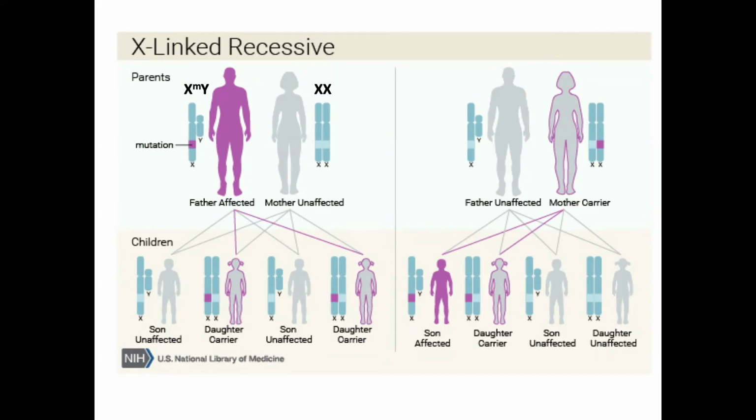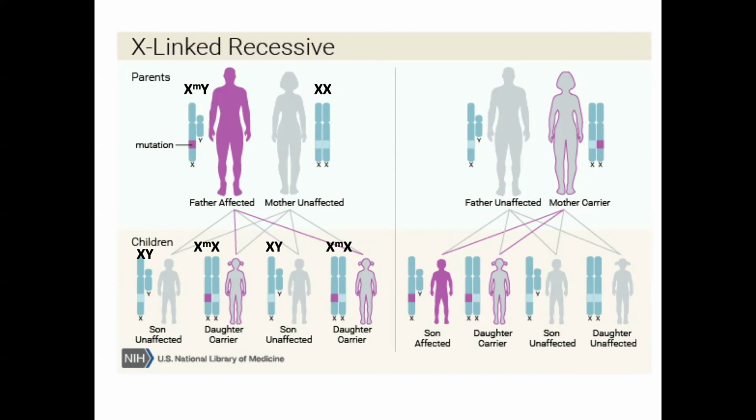The X chromosome is always inherited to daughters, and the Y chromosome is always inherited to sons. As a consequence, all of his sons will be normal, and all his daughters are heterozygous, because this is a recessive trait, right? So all his daughters are carriers, but not showing the recessive trait.